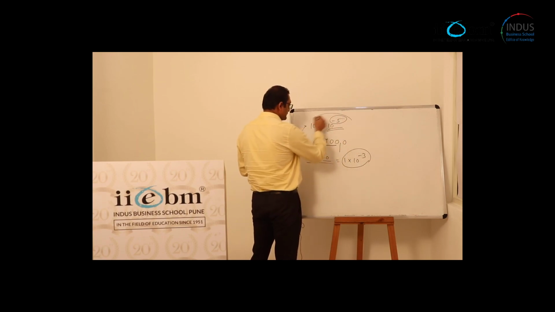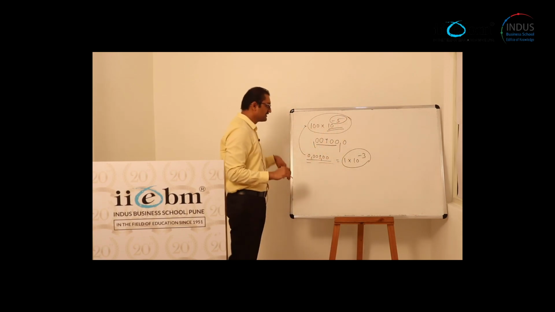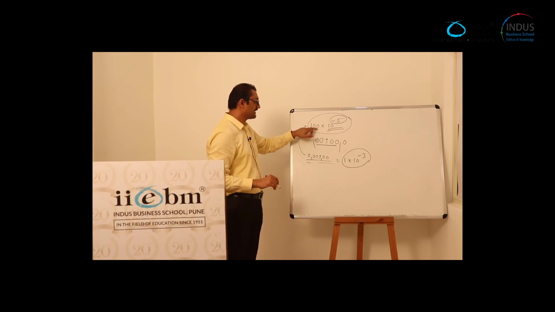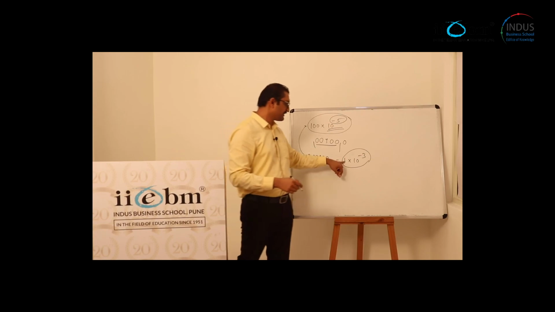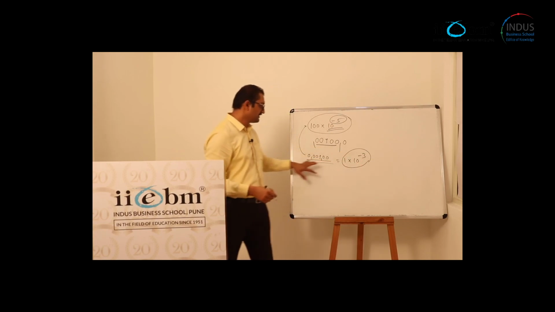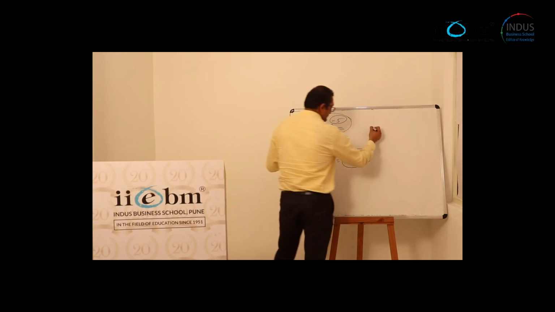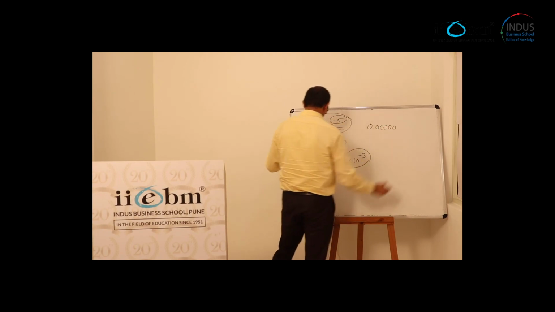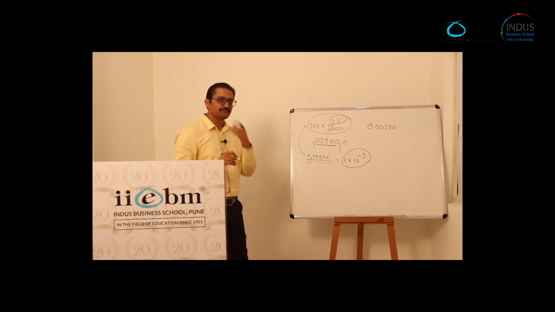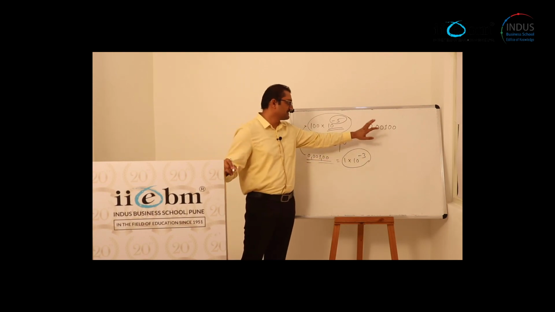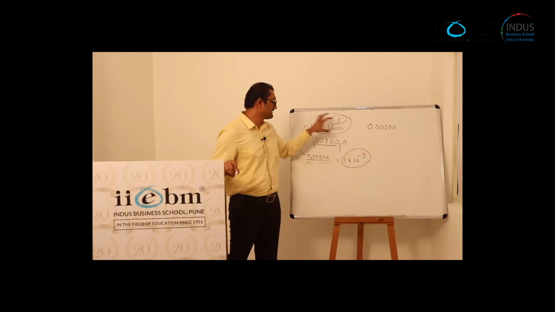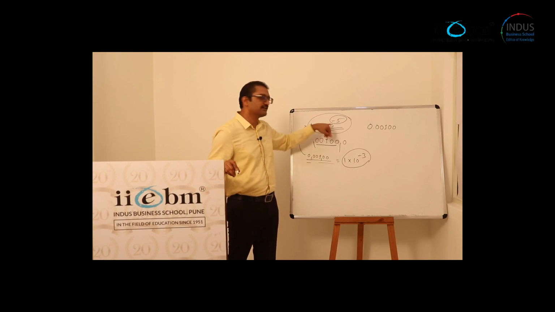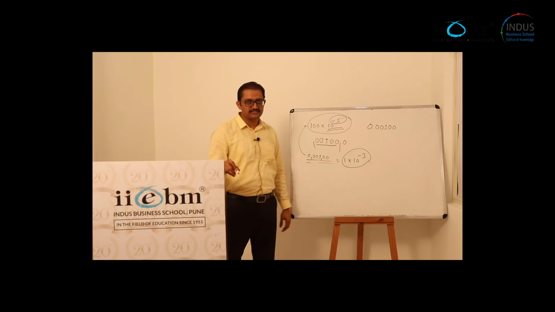This and this are exactly the same: the dot is here, that is 100.0 into 10 raised to minus 5, or 1.0 into 10 raised to minus 3, which is exactly 0.00100. So this is my actual number, but it can be represented with the help of 100 into 10 raised to minus 5 or 1 into 10 raised to minus 3.